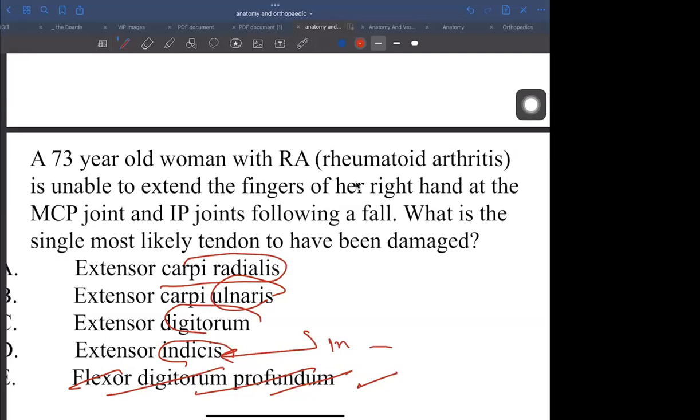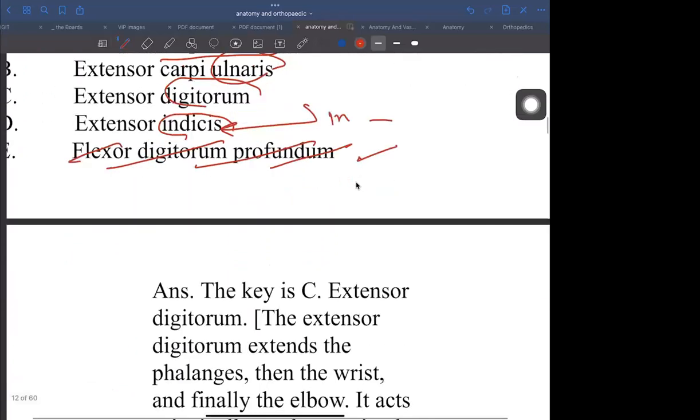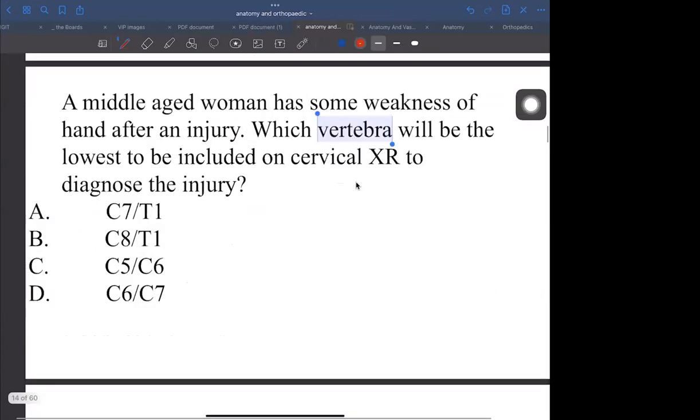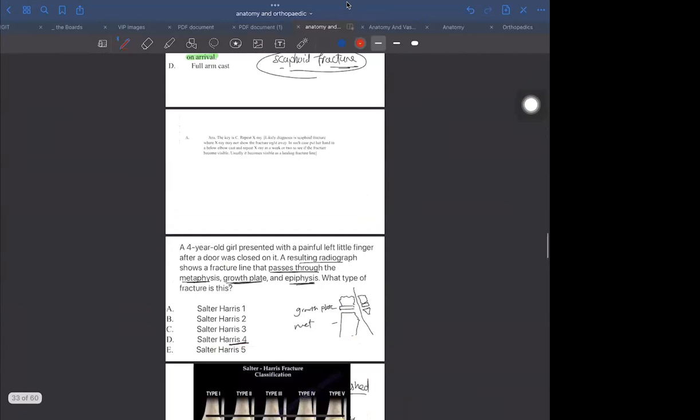And the carpi radialis and carpi ulnaris are about the wrist joint. But here we're talking about the digits. You have the 4 digits. You said the metacarpophalangeal joint and the interphalangeal joint are not working. Joints, so it's plural as well. So that means the extensor digitorum is not working. Let me give you some of the orthopedic questions instead of all in anatomy.